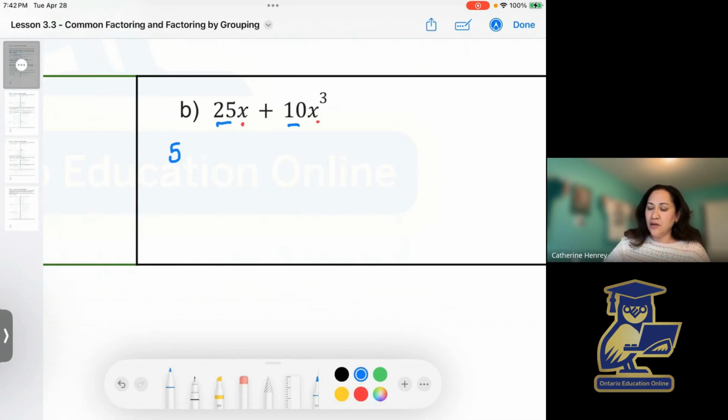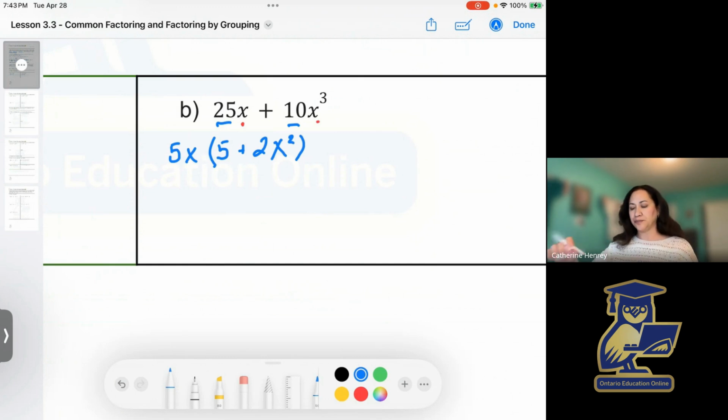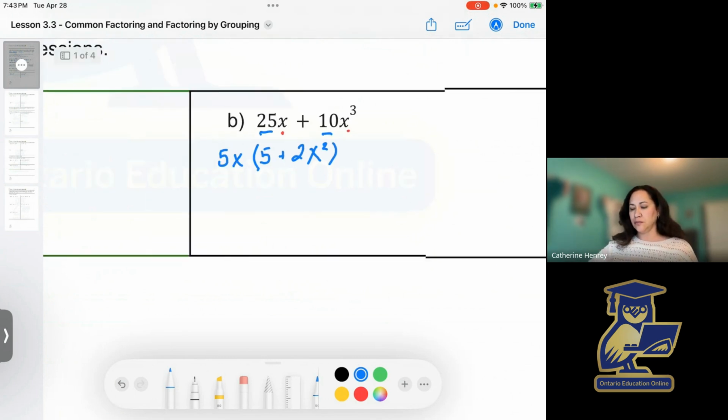So I'm going to factor out the 5 and factor out the x. So what does that leave me? If I have 25x, but I factor out or divide out 5x, I'll be left with 5. And then if I have 10x cubed and I factor out 5x, I'd be left with 2, and I'd have 2 x's left over. So 2x squared.